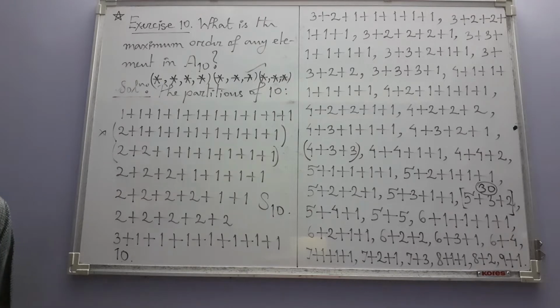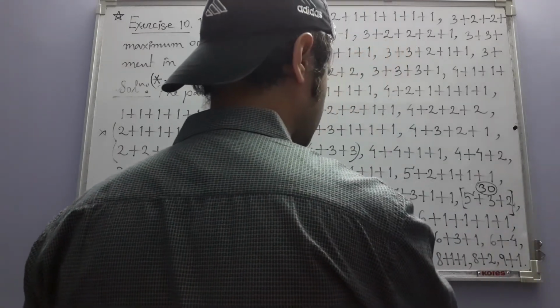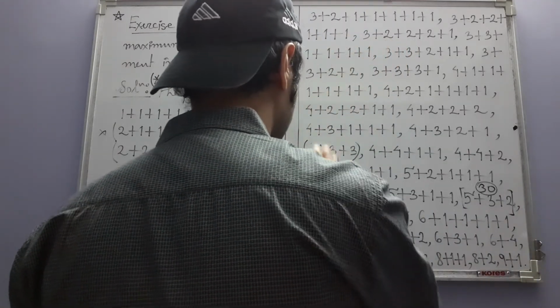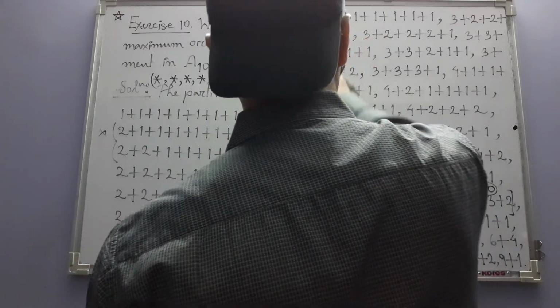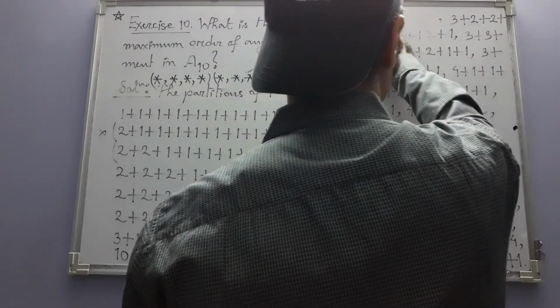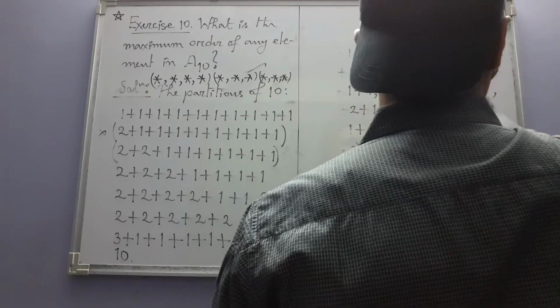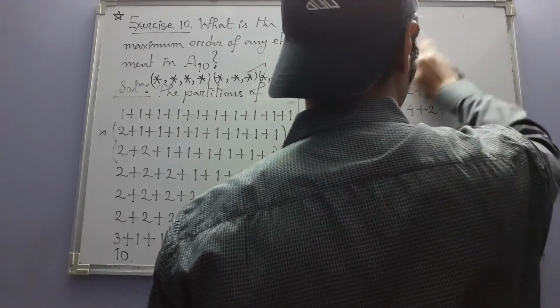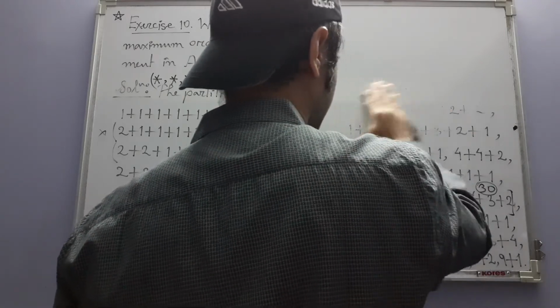And now we are going to move to the next one. Partitions of 10 are available anywhere wherever you have partitions. Or if you want, you can pause the video and look at all the partitions, take them down.